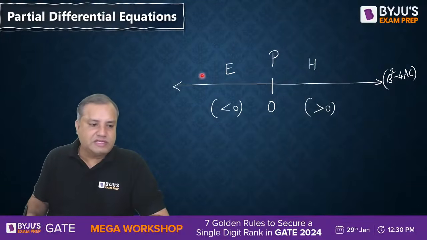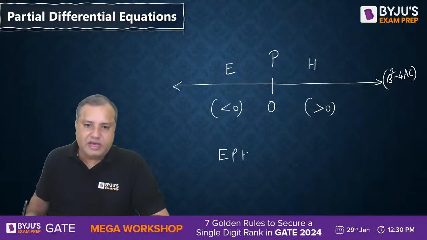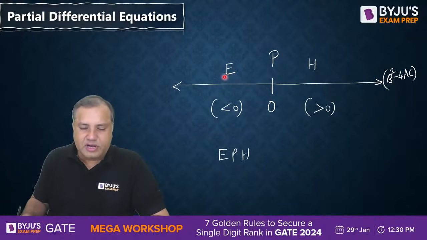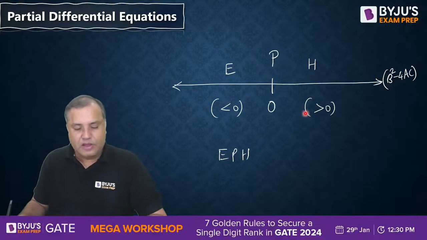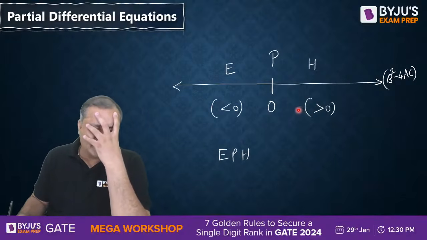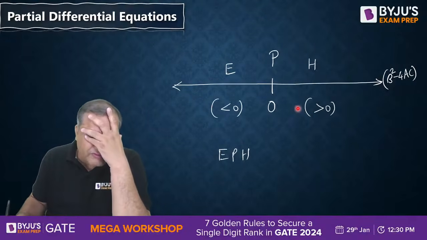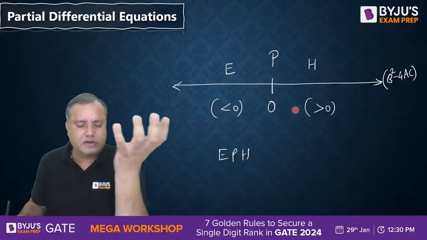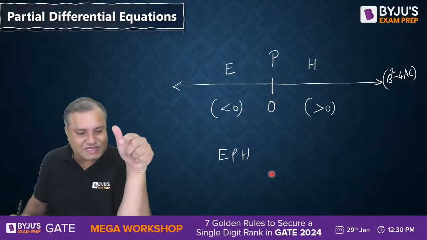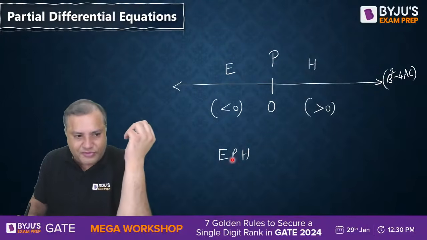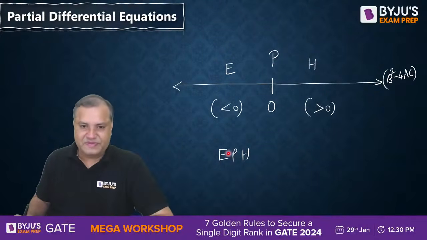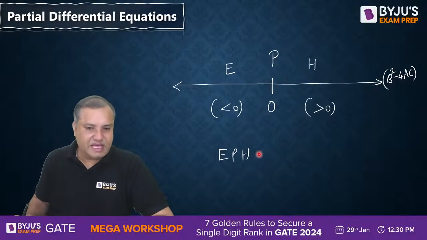So students, just remember this sequence: E, P, H. E for less than 0, P for equal to 0, and H for greater than 0. Okay, so whenever we are tensed, troubled, we say oof. But this time you have to say EPH, if.